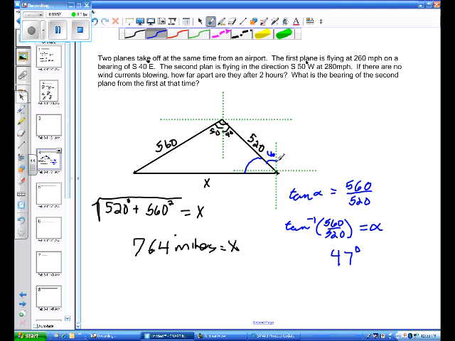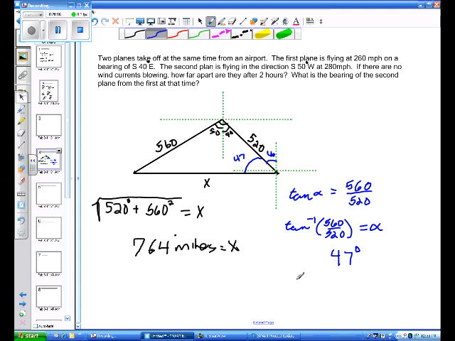So if you look from the north, we've gone 40 degrees because of alternate interior angles. And then we went 47 degrees because that was our angle inside.